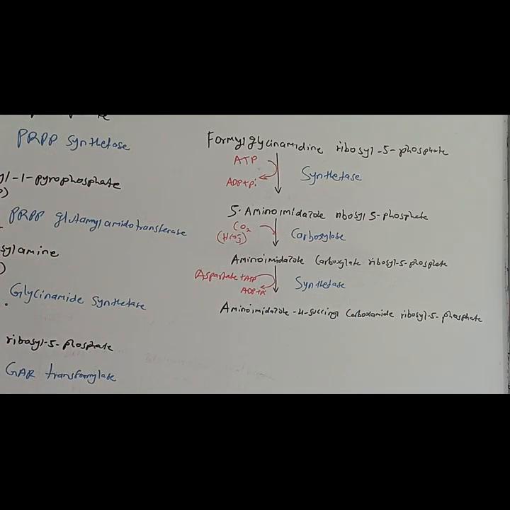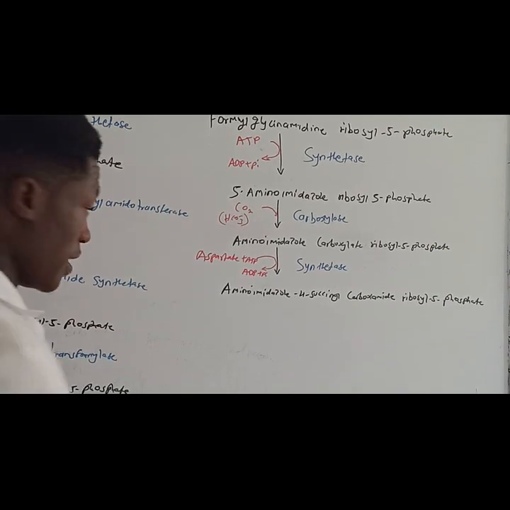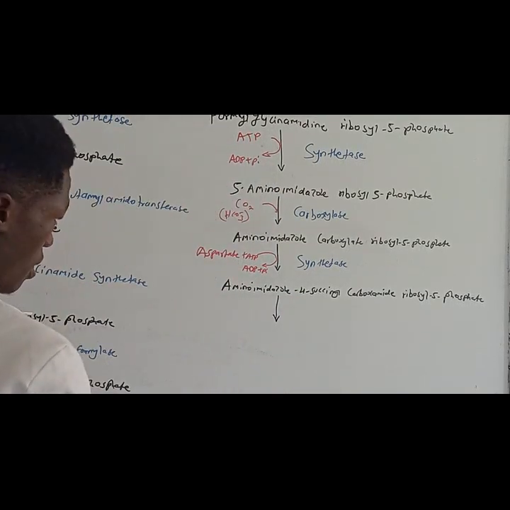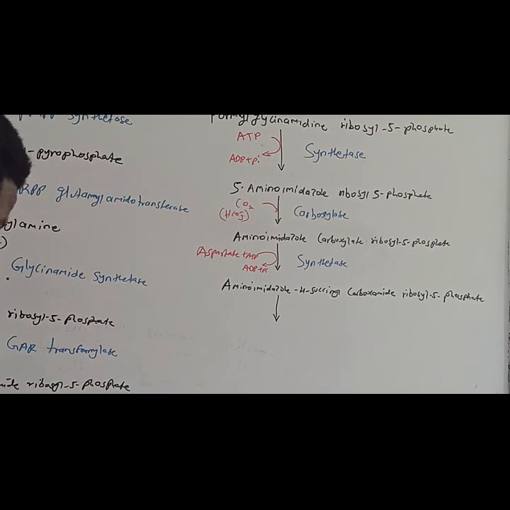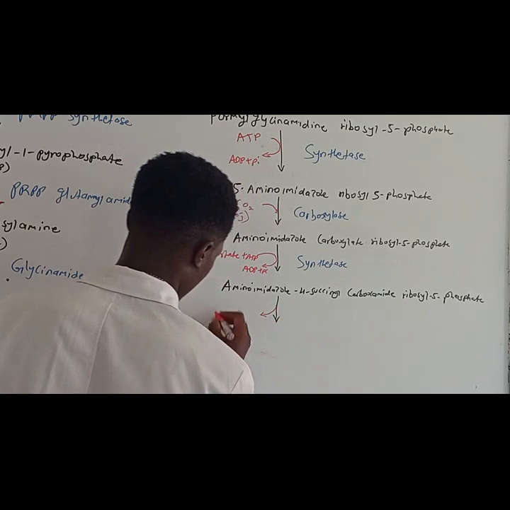Alright. Then moving down, aminoimidazole 4-succinyl carboxamide ribosyl 5-phosphate is going to be converted into a new molecule. So actually we are going to have a cleavage, and I'm going to release fumarate.